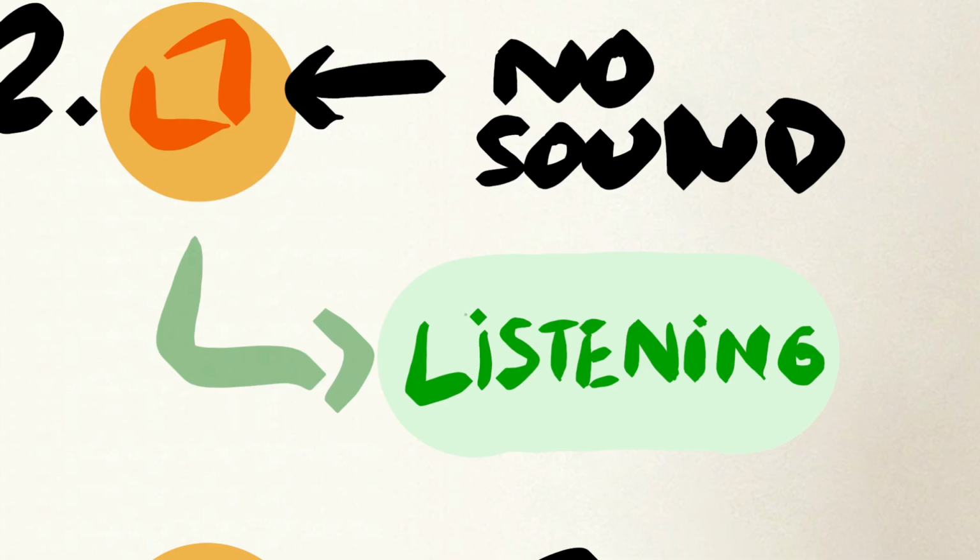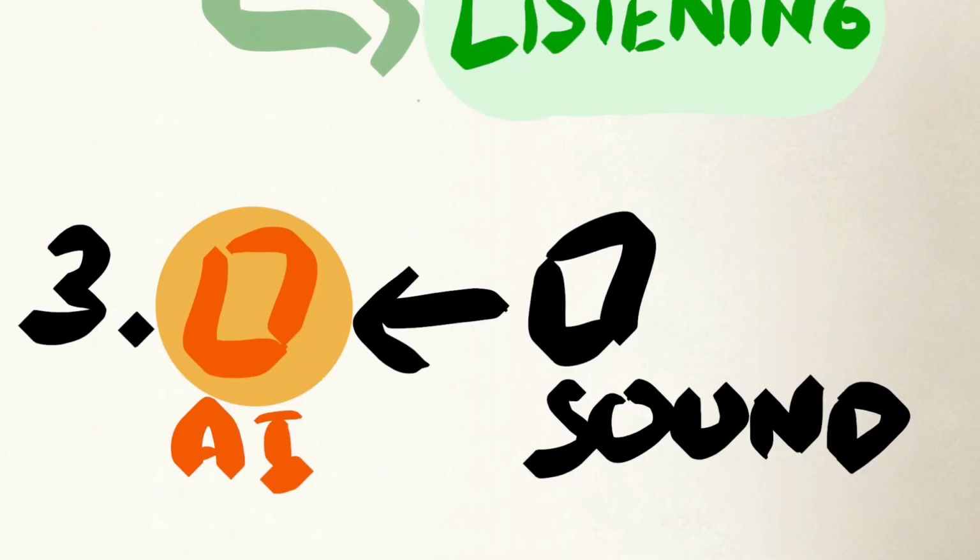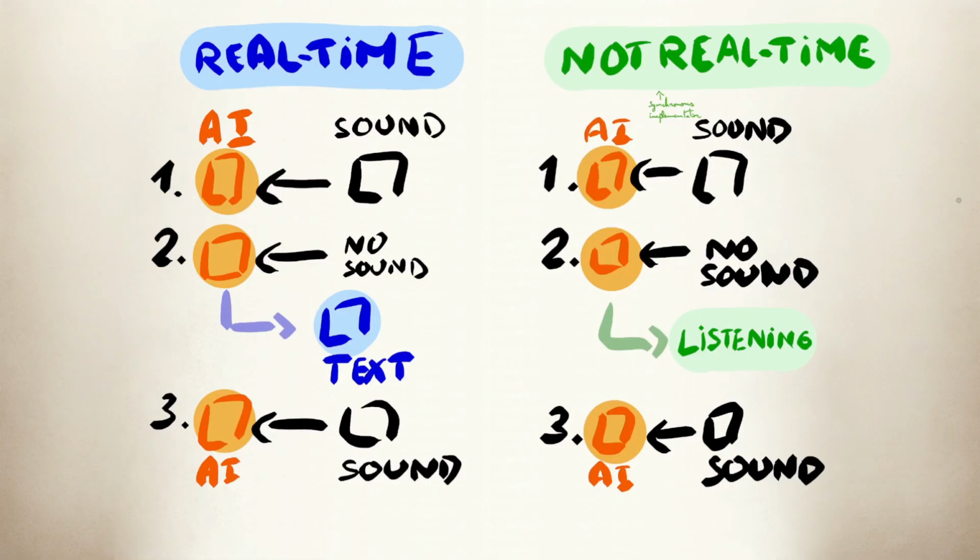So when the AI is done listening to nothing, we go to step 3, which is the AI keeps receiving sound. So this is what we are used to. This is the type of implementation in Python that is very straightforward, and that's the easiest to set up. And the example that I'm going to use here for the framework is the one that I used personally, which is Flask.